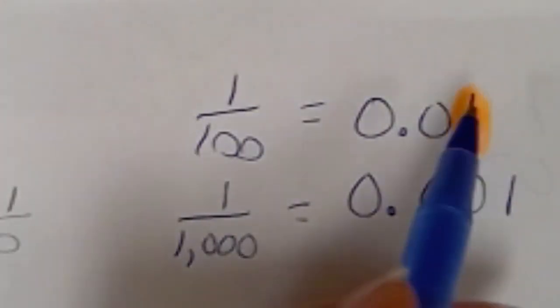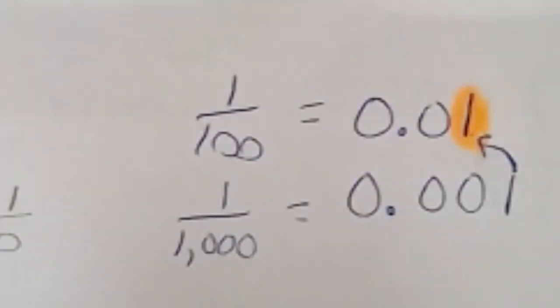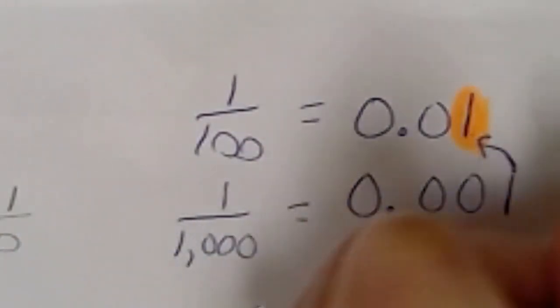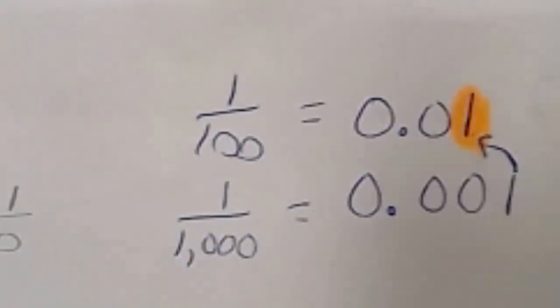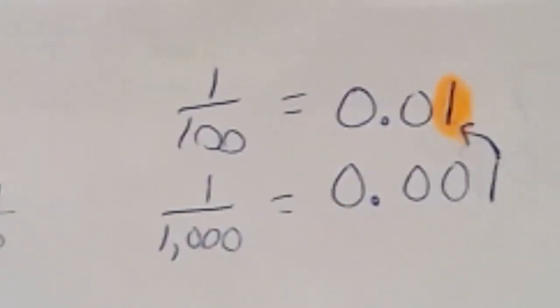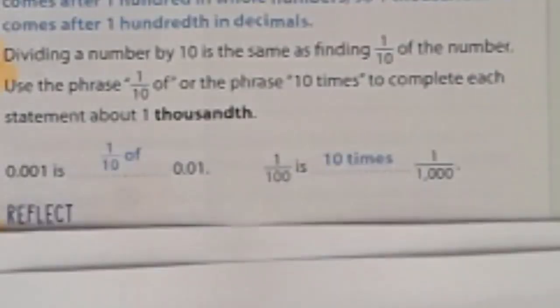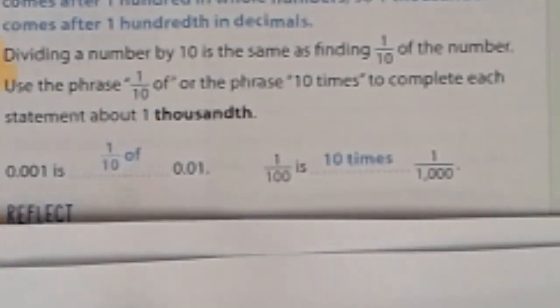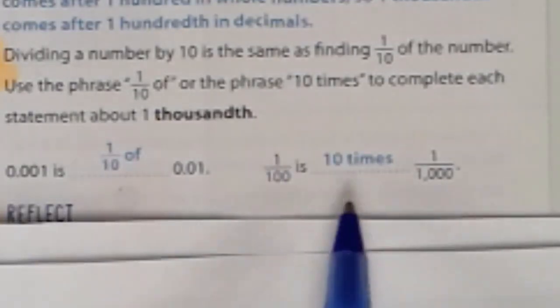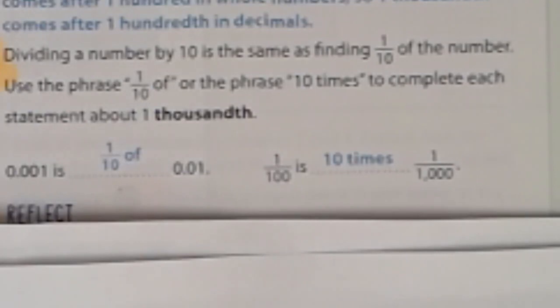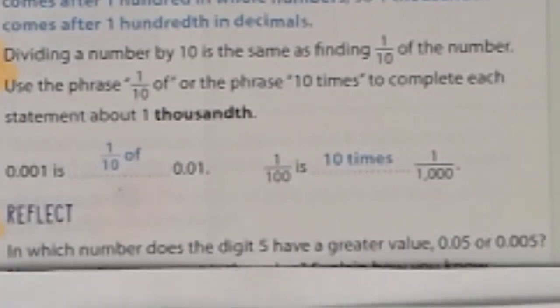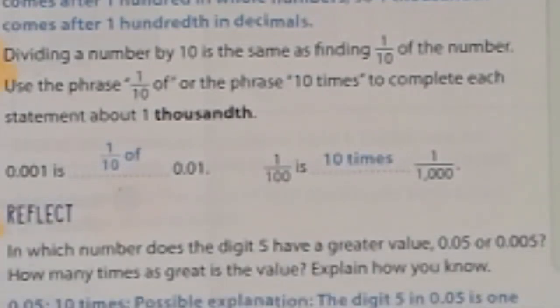And since that highlight is to the left of the not highlight, that's going to be 10 times. So number 8, the first blank should have had 1/10 of, and the second blank should have had 10 times. But you need to show your work where you line up those decimals, just like I showed you a second ago.